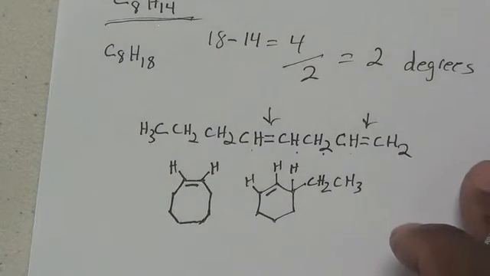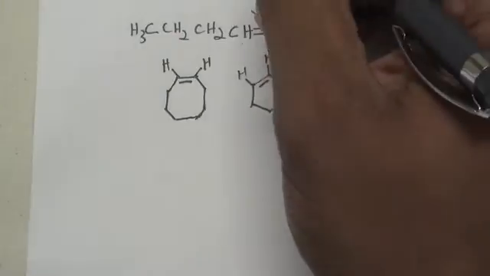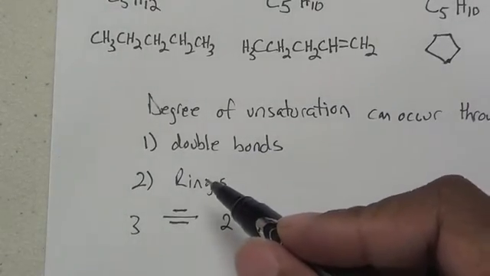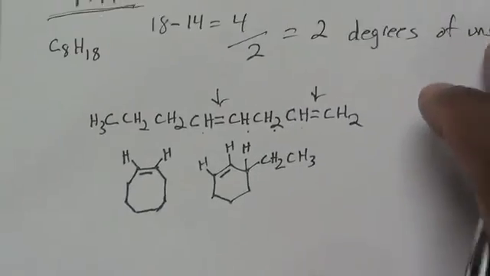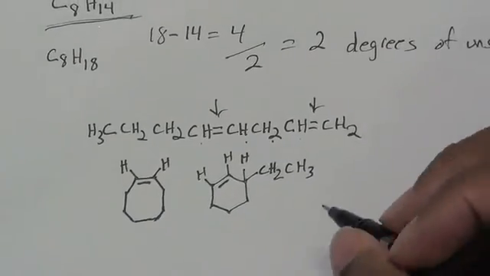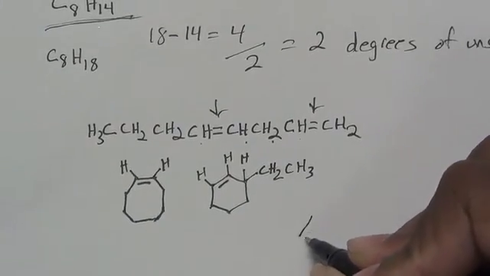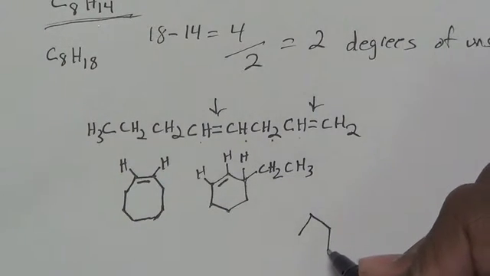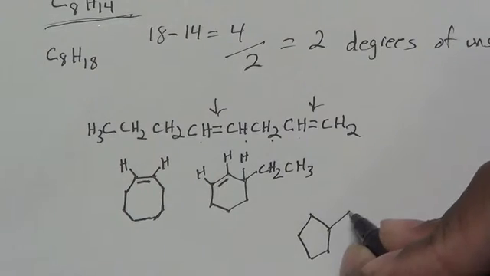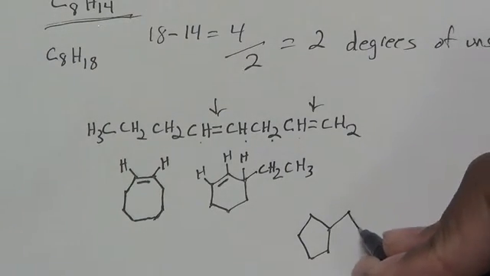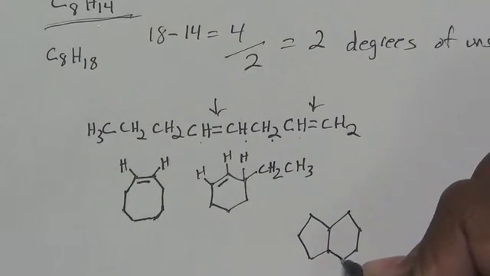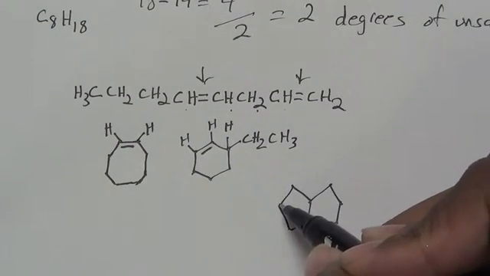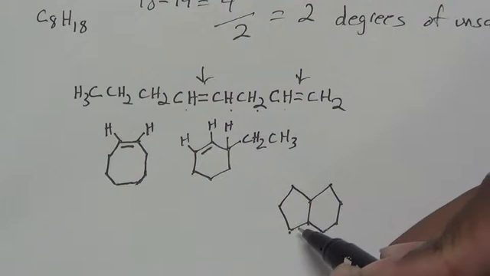All right. We could also have 2 rings, because one ring equals 1 degree of unsaturation. So let's look at this. 2, 4, 6.